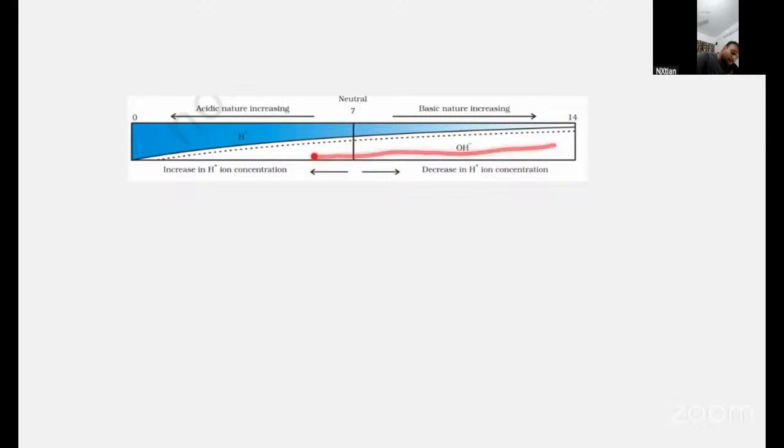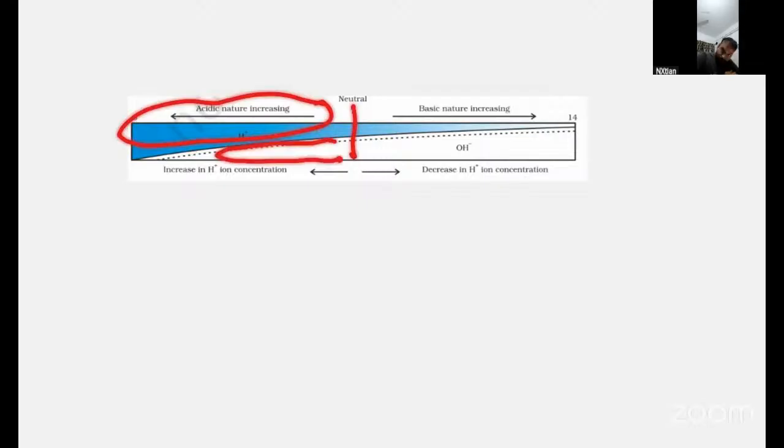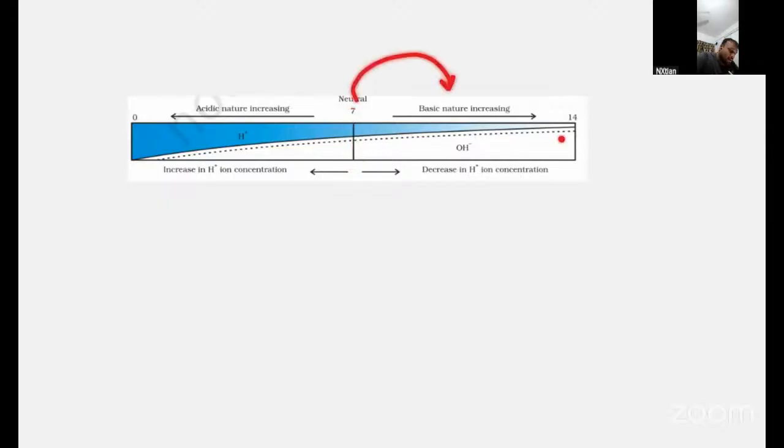Before 7, the H plus concentration is more and the OH minus concentration is less. At 7, the H plus and OH minus concentrations are equal in number. After 7, the OH minus concentration is high and the H plus ion concentration is less. That is why they are basic in nature.